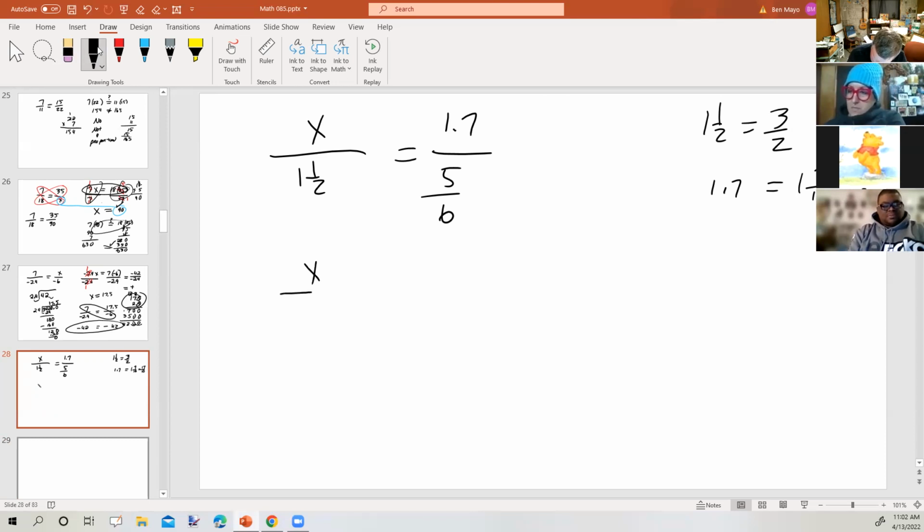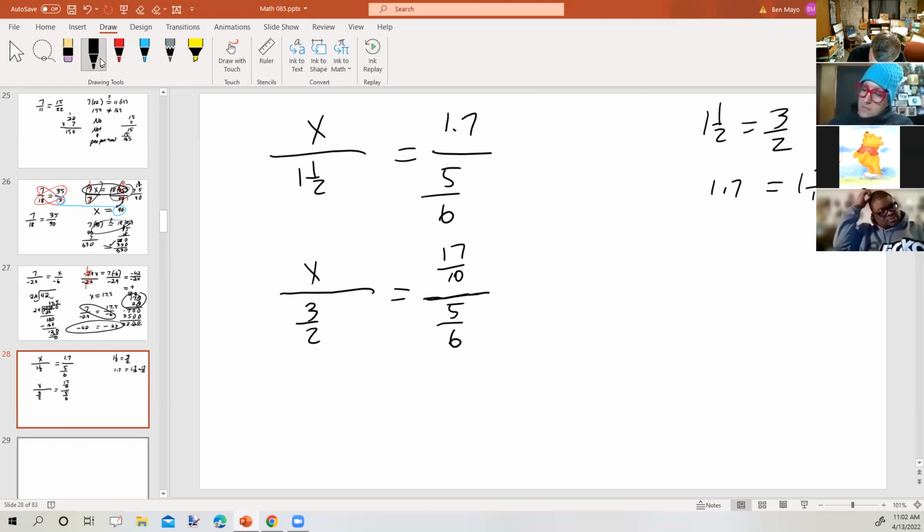So I'm going to get x over 3/2 equals 17/10 over 5/6. Okay, so I changed everything into fraction form. You okay with that?